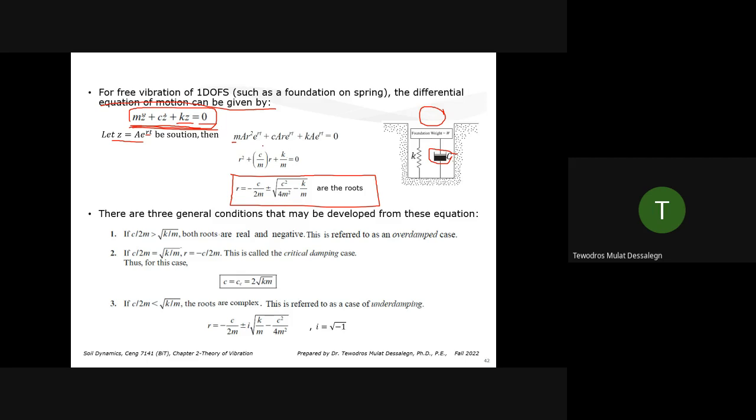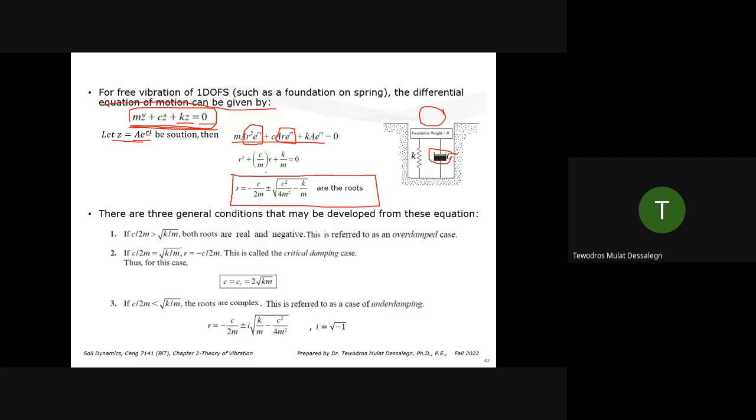By the way, you can arrive at this equation just by taking derivatives. If Z is this, then Z double dot is the second derivative, and you put it here. That's the mass times acceleration. Then find the first derivative and put it with the damping.